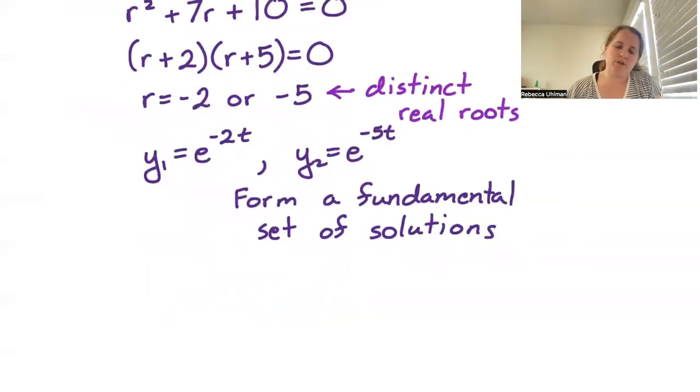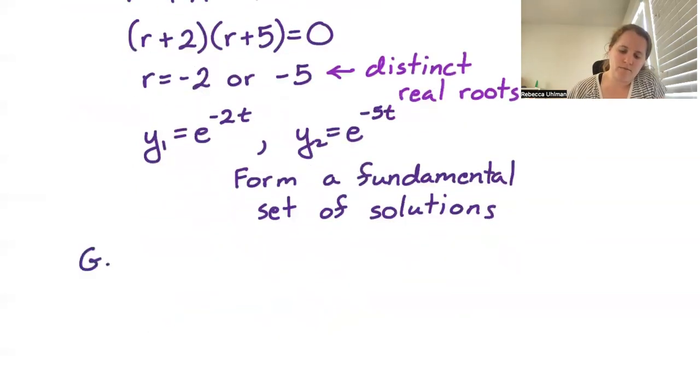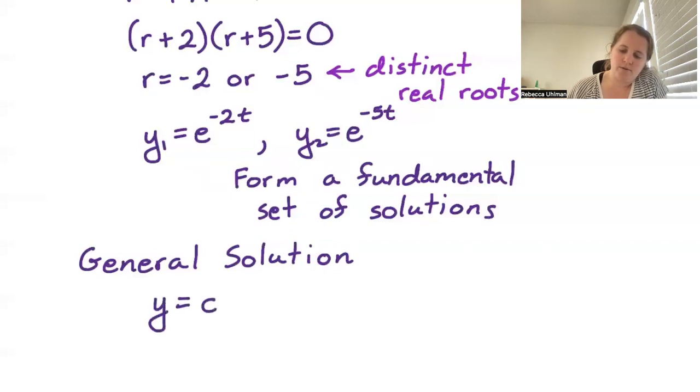And so we have general solution y equals c1 e to the -2t plus c2 e to the -5t.